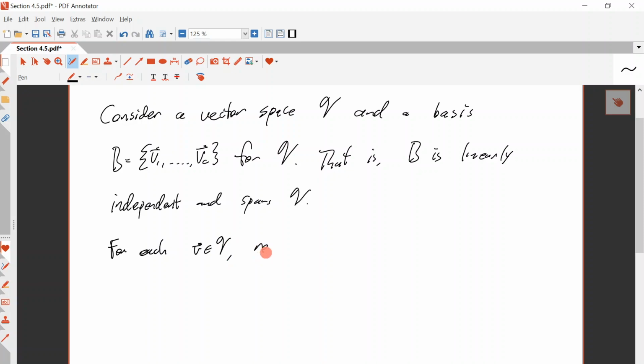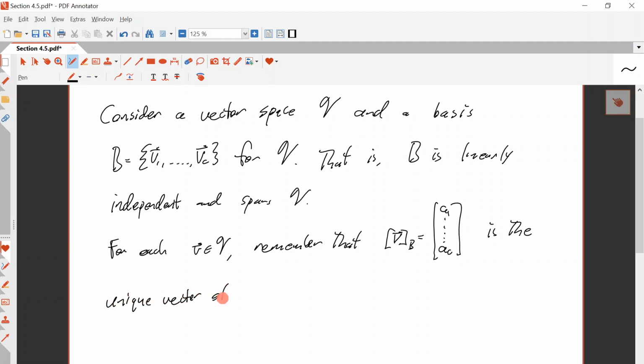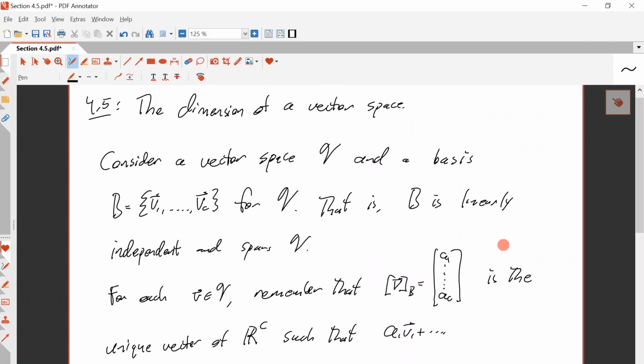For each vector V in V, remember that the coordinate vector of V with respect to B is equal to the unique vector a1 to ac in R to the c, such that a1 v1 plus, oh, I'm using the letter v too many times, aren't I?